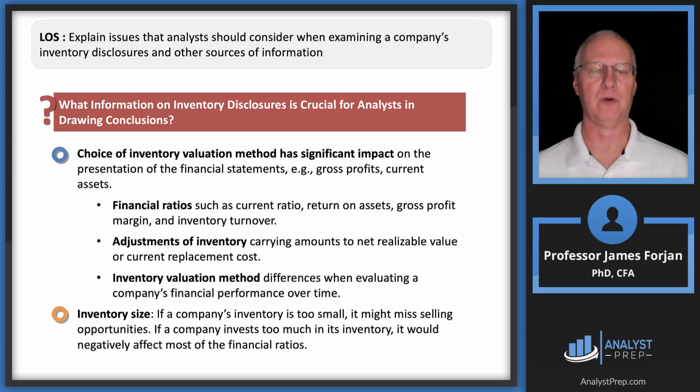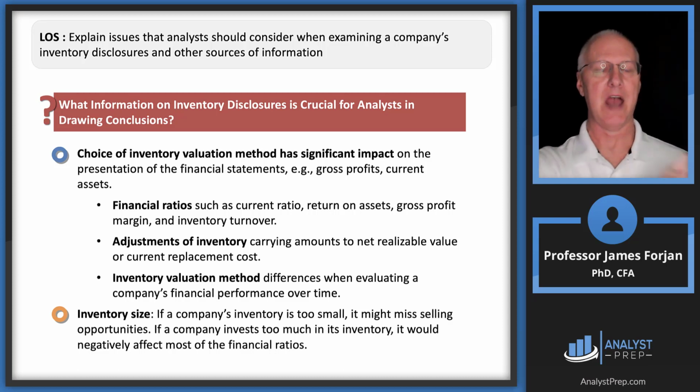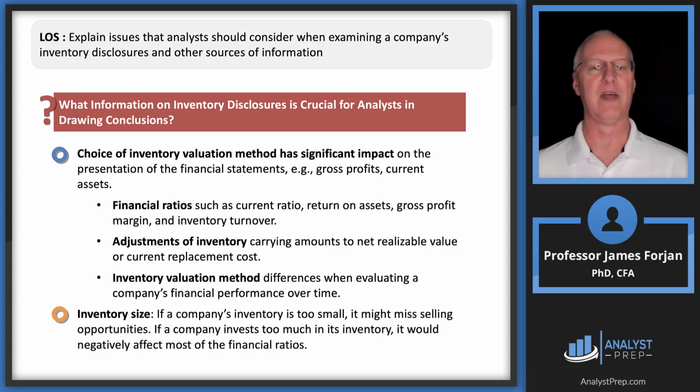So what does this do for the impact on financial ratios? How about adjustments to inventory and the differences between those inventory valuation methods? And so notice at the top, choice of inventory valuation methods, and I'm going to put my own editorialization here, may have significant impact on the presentation of financial statements. Let's go back to my dad's first example. If every one of those cases of beer cost Anheuser-Busch $5 to put together, then it doesn't really matter whether we choose weighted average, LIFO, or FIFO.